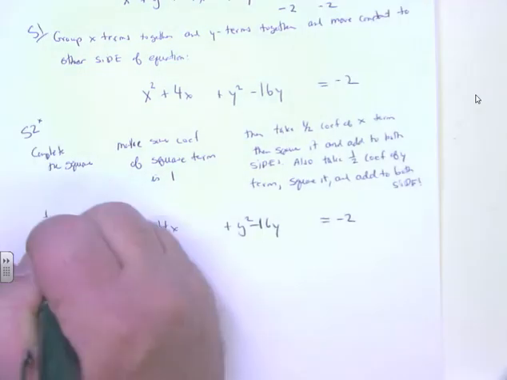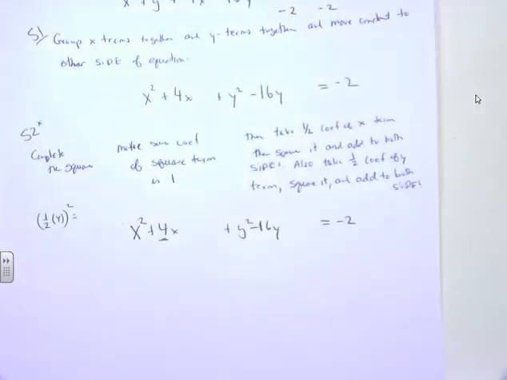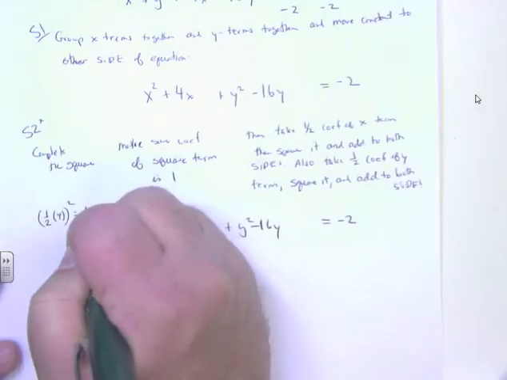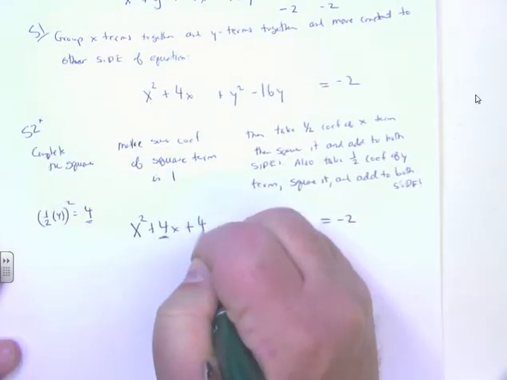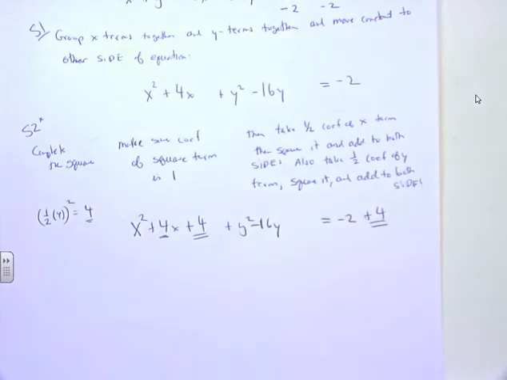So you're going to take 1/2 of 4, and you're going to square it. What's half of 4? Do some math in your head. Squared. I get 4. And you're going to add that number to both sides. But you see, what I do to one side, I do to the other, which makes it a perfectly legal math move. I just completed the square on the x's. So I added 4.